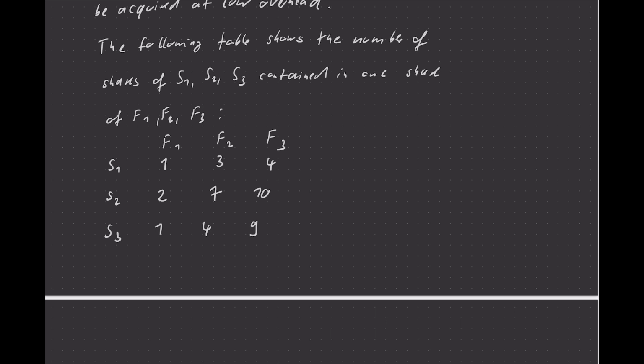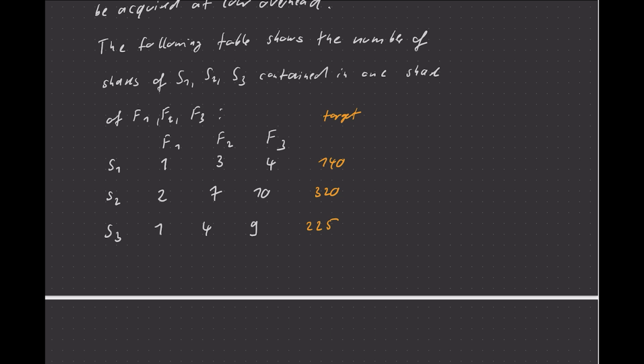If you buy 1 share of, let's say, F2, you get 3 shares of S1, 7 shares of S2, and 4 shares of S3 at the same time. And then remember, we have our target portfolio. We wanted 140 shares of S1, 320 shares of S2, and 225 shares of S3.